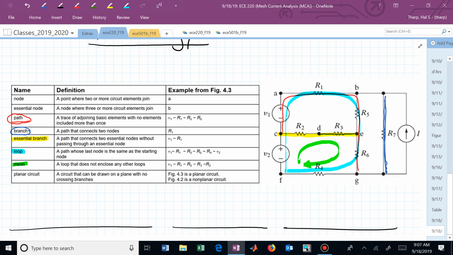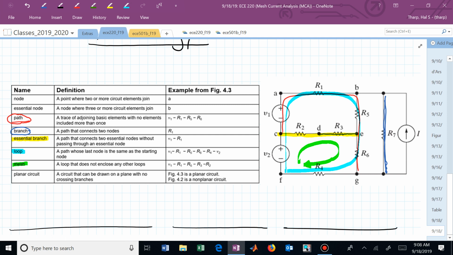Do you see that I could draw a loop in the top window that involves V1, R1, R5, R3, and R2? I could draw another loop that involved V2, R2, R3, R6, and R4. And my earlier loop, it didn't care. It just went ahead and went around all of those two loops. A mesh can't cross over into another mesh.